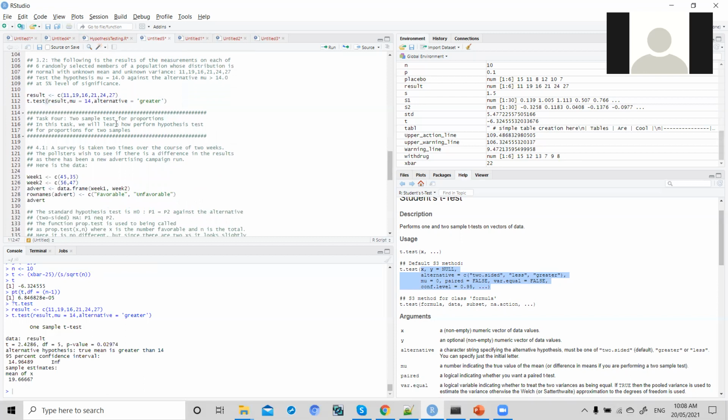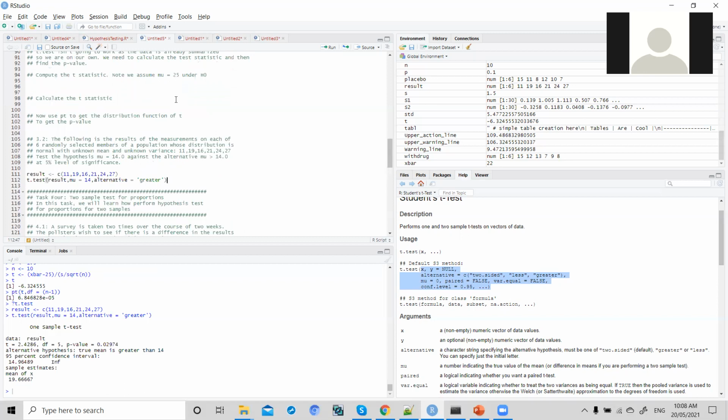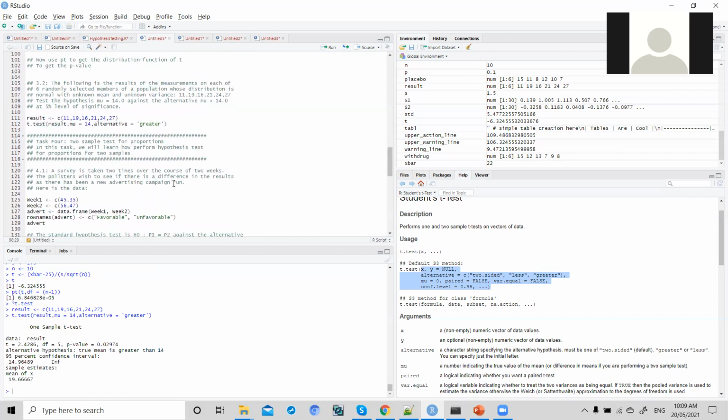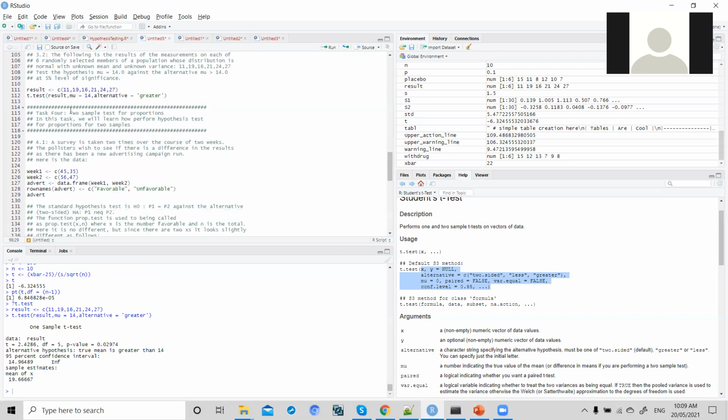So, two sample test for proportion. Right now, whatever we did was for one sample: the t-test, z-test, and proportion test. Now suppose I have two sample tests. For example, a survey is taken 2 times over the course of 2 weeks.